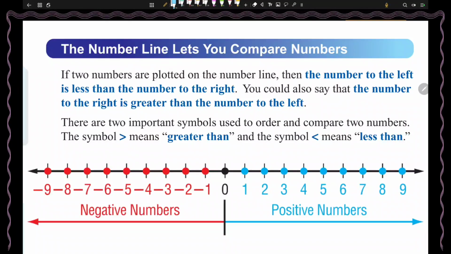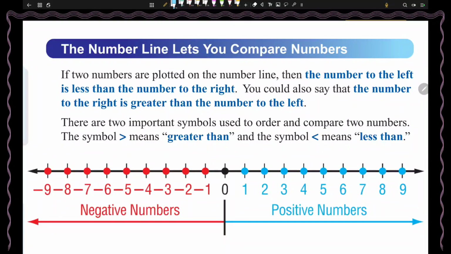When you're dealing with negative numbers, it's the same thing. So on the negative side of the number line, which is all the numbers to the left of 0, you still do the same thing. So negative 4 is larger than negative 8 because on the number line it's to the right of negative 8, right?